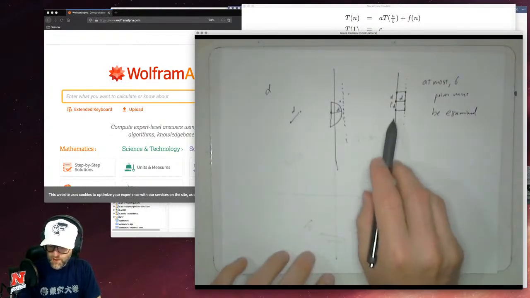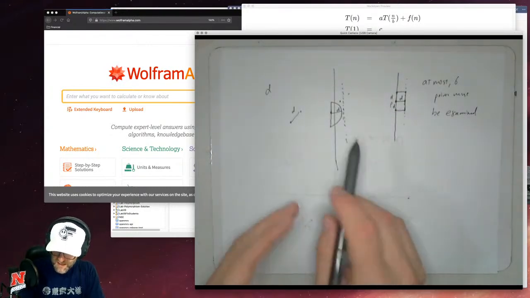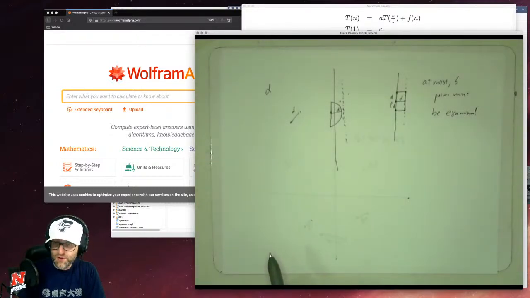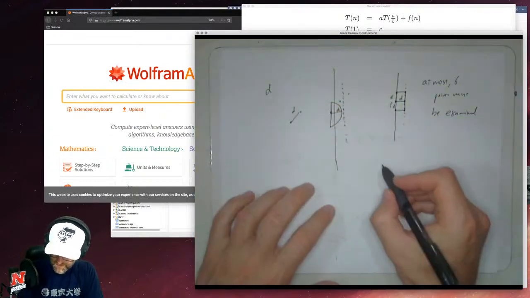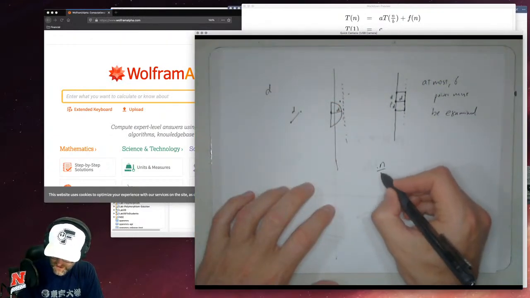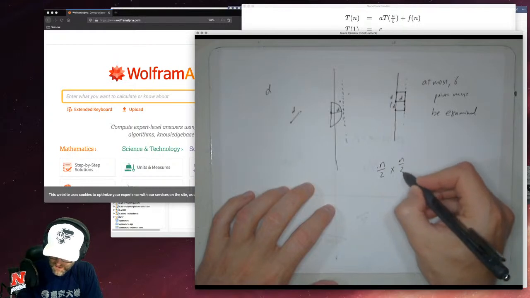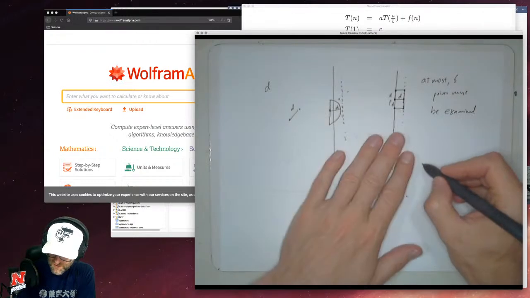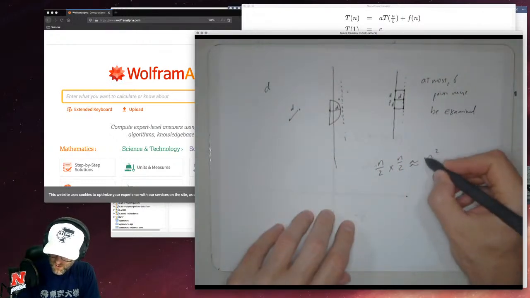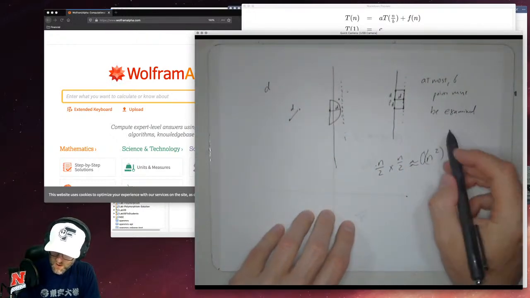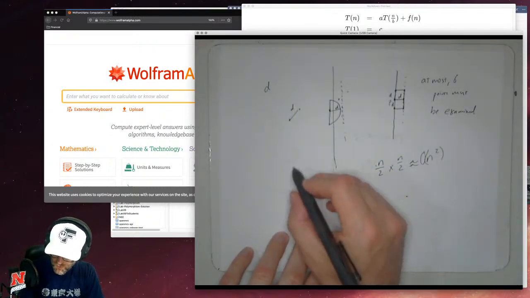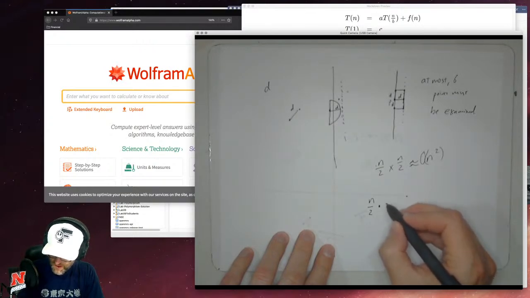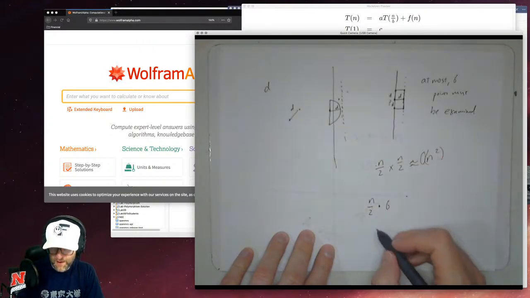Now you got to be careful, that was for 1 point. So for each of the points over here on the left-hand side, we have to examine at most 6 points. So instead of looking at n divided by 2 by n divided by 2 pairs, giving you order n squared, we can cut this down to, for each point on the left-hand side, of which there are n divided by 2, we only have to look at 6 points on the right-hand side.